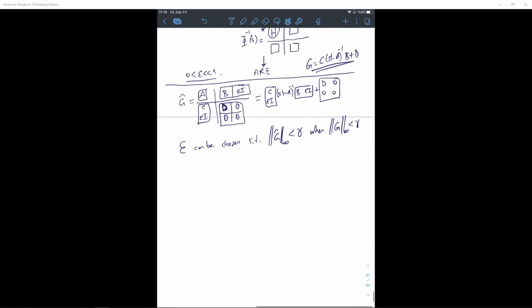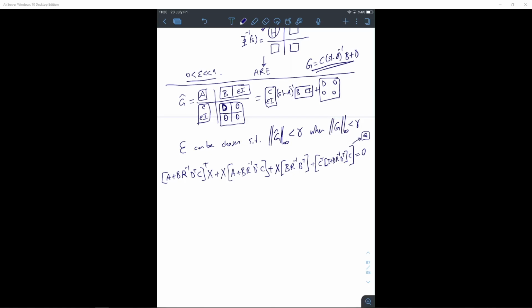Scroll down, press this, copy. Oh, that's perfect. This algebraic equation is associated with G, and we are going to construct the algebraic equation associated with G hat.